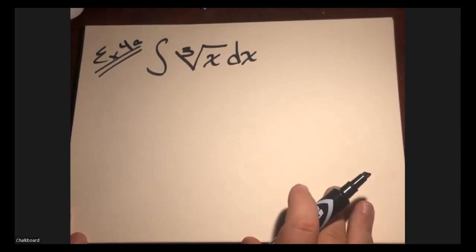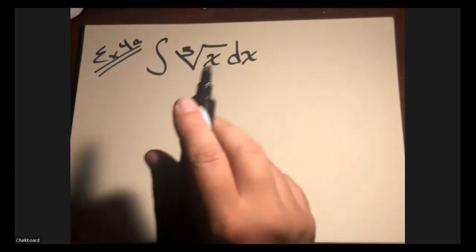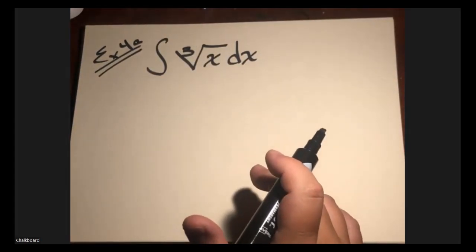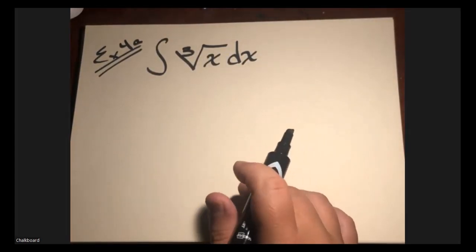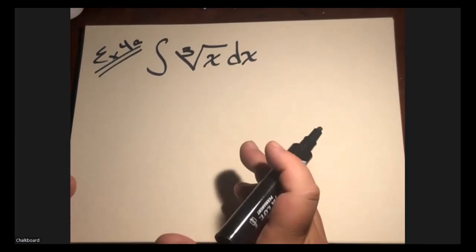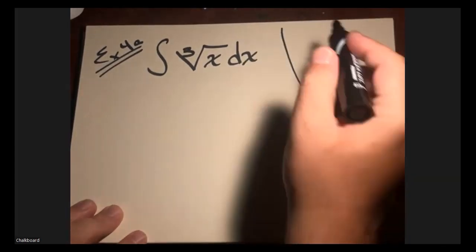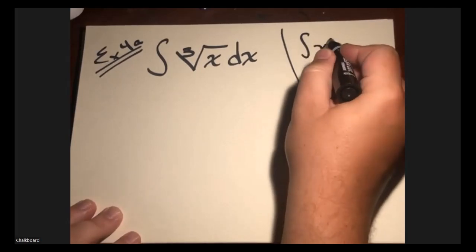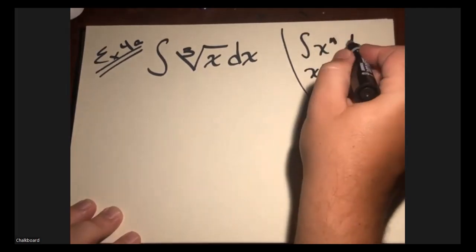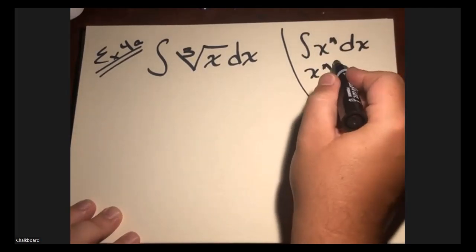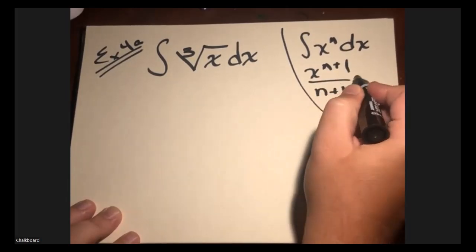Exaggerate and write them nice and big. Square roots too, make them big fat check marks, and then it becomes easier that way. And then little hints. I hope it helps a little bit. Well, let's start by looking at the power rule again. It says that the integral of x to the n dx is x to the n plus 1 over n plus 1 plus c.